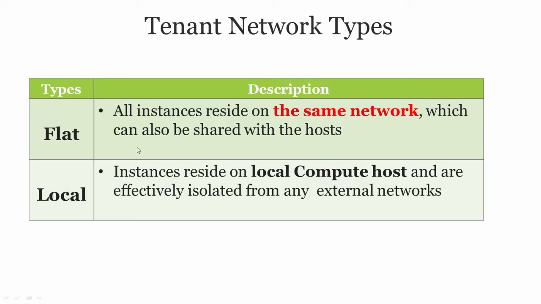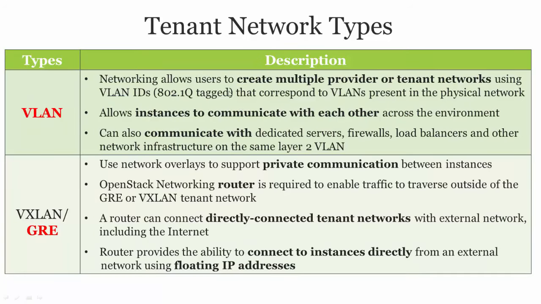Local: all instances reside on the local compute host. If you give the same network address to all machines inside the local compute host, then you can use the local network type. VLAN, I already told you, can support creating multiple provider or tenant networks using VLAN.